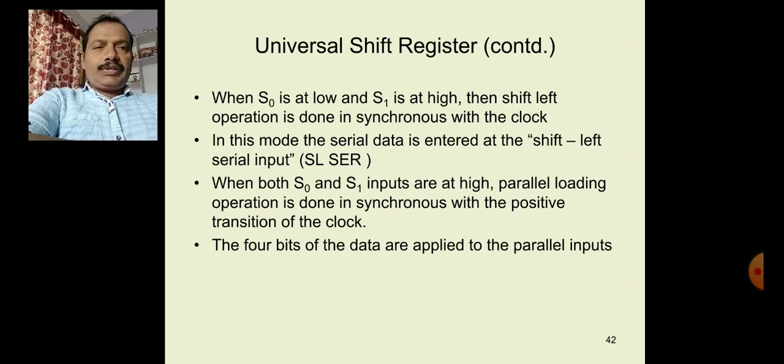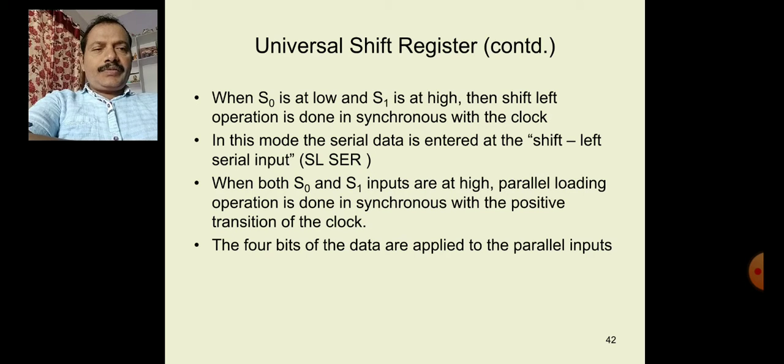When S0 is low and S1 is high, then shift left operation is done in synchronism with the clock. In this mode, the serial data is entered at the shift left serial input. When both S0, S1 inputs are high, parallel loading operation is done in synchronism with the positive transition of the clock.